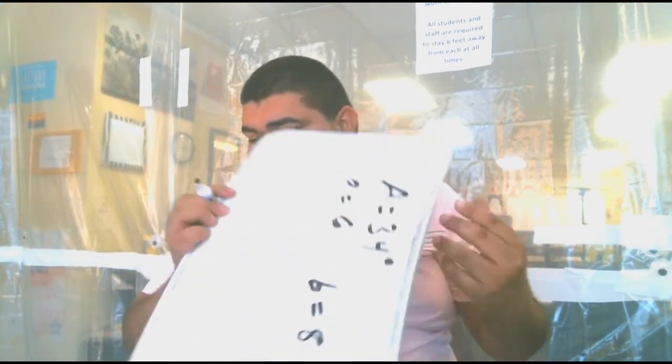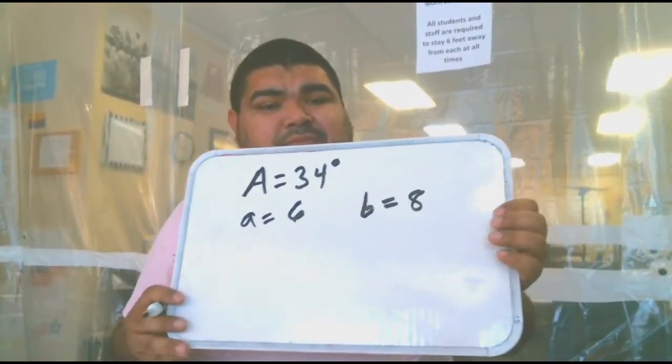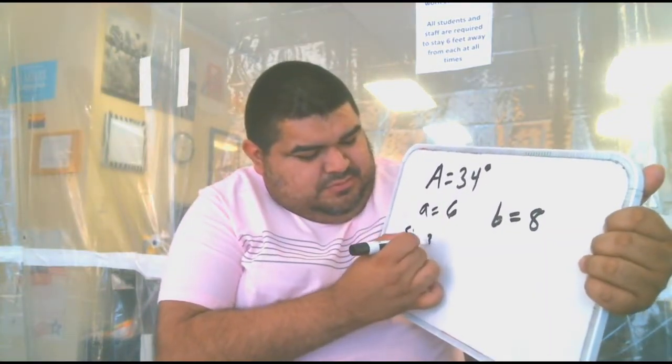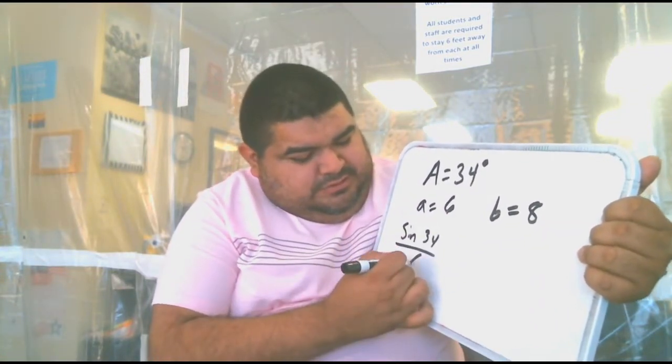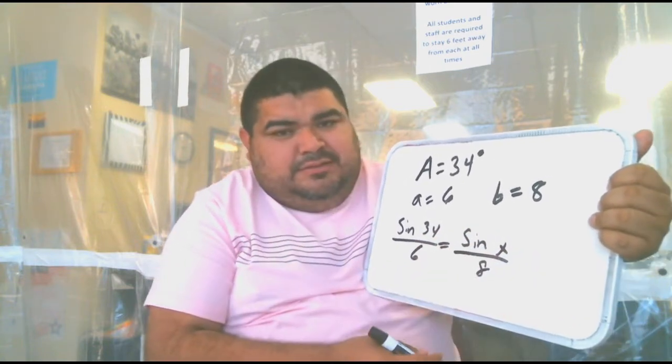Lowercase a is 6, and lowercase b is 8. Okay. Again, technically, we can already pretty much set it up as sine of 34 over 6 equals sine of x over 8.